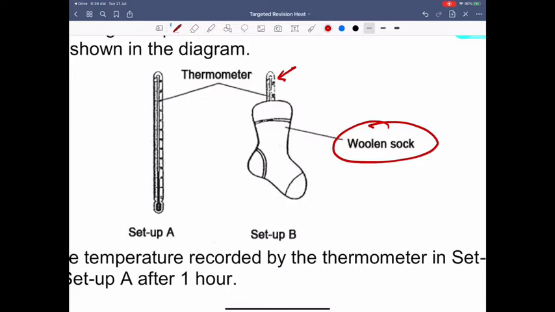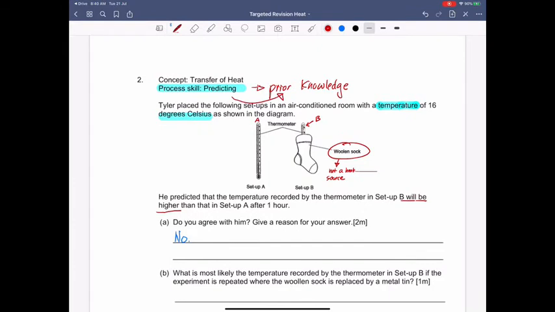When you compare thermometer A and thermometer B, they're testing you on your prior knowledge of whether you know that your woolen sock is not a heat source. So the answer should be no, because the sock is not a heat source.